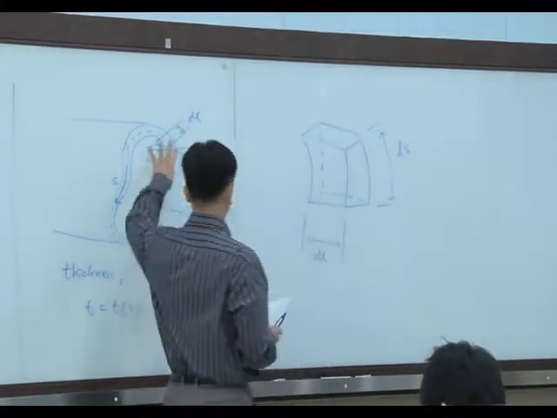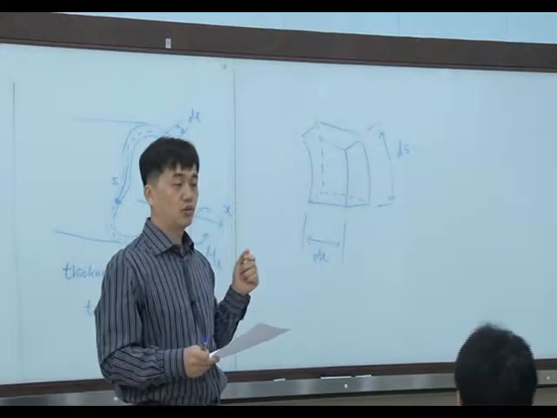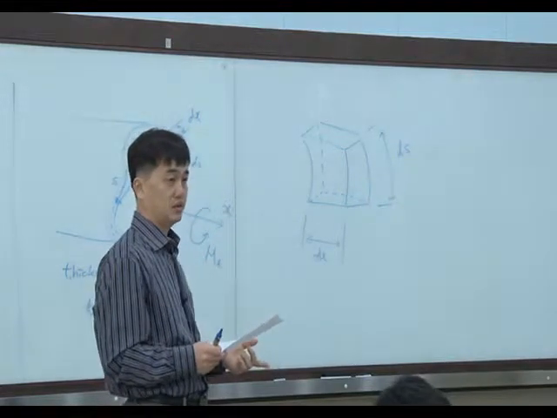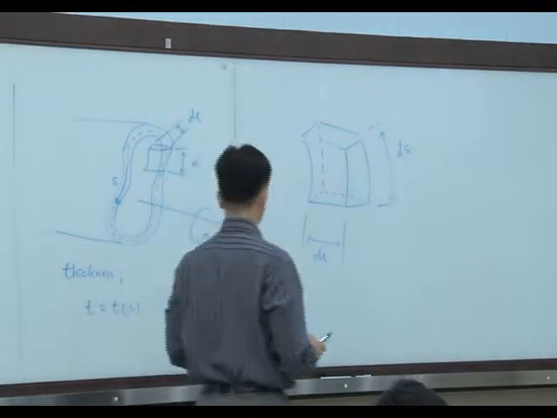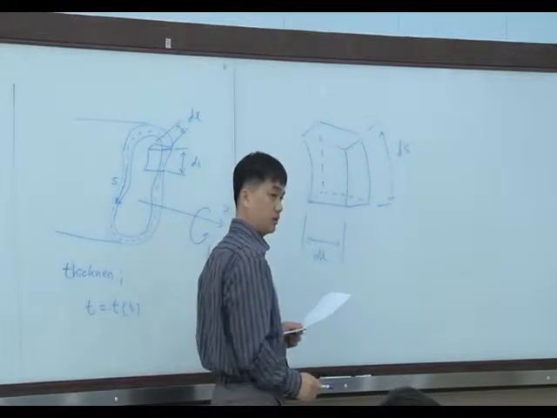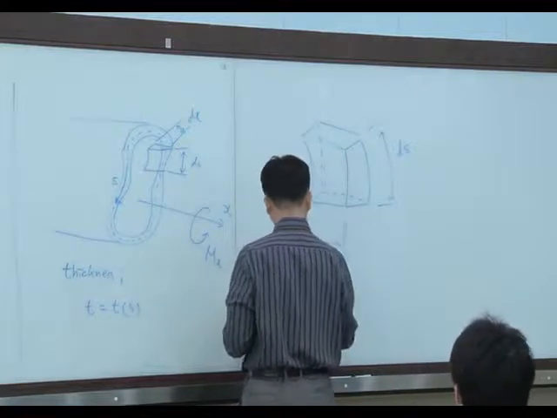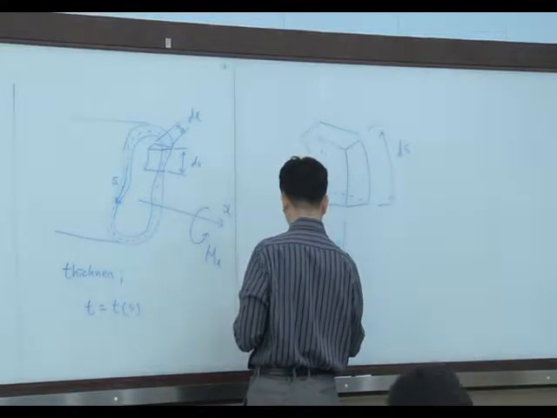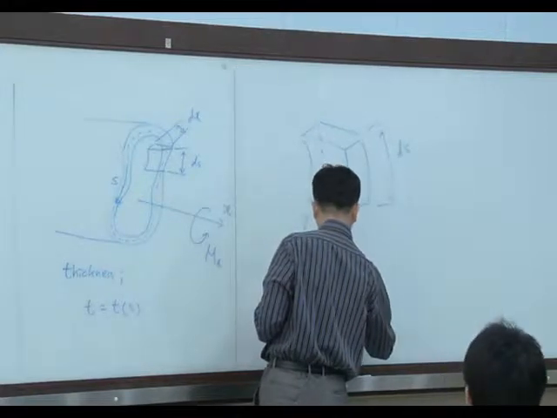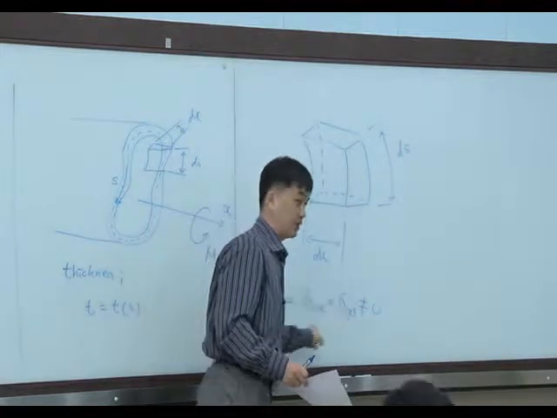In this case, this is a pure twisting case, so only two stresses and strains are not zero. Let tau be the shear stress. Sigma xs is not zero, and actually both are the same, right?